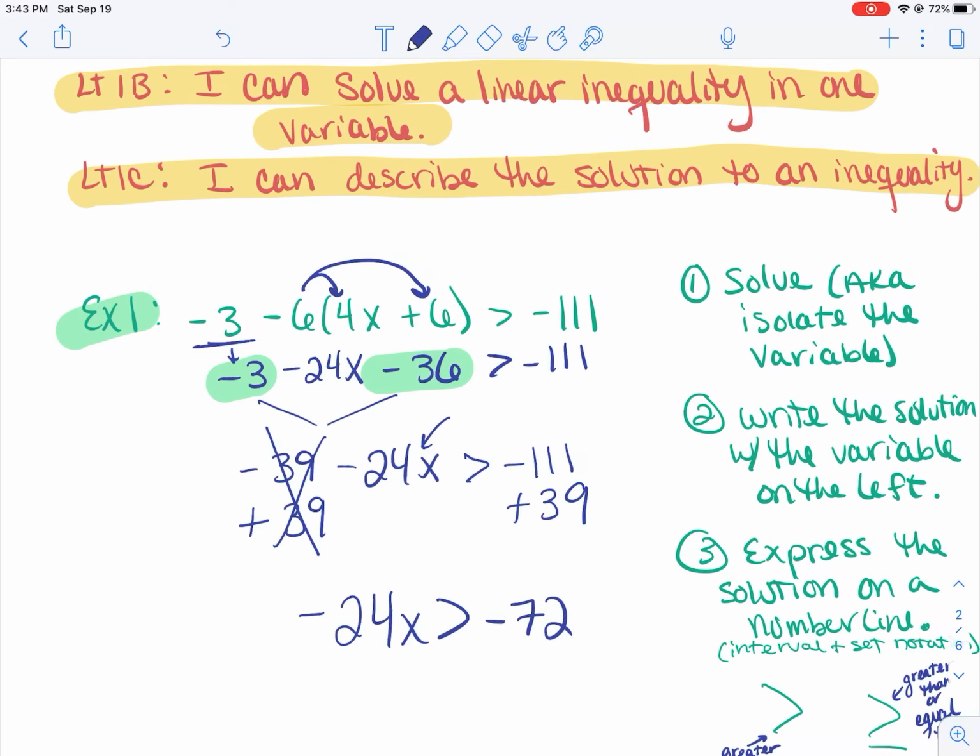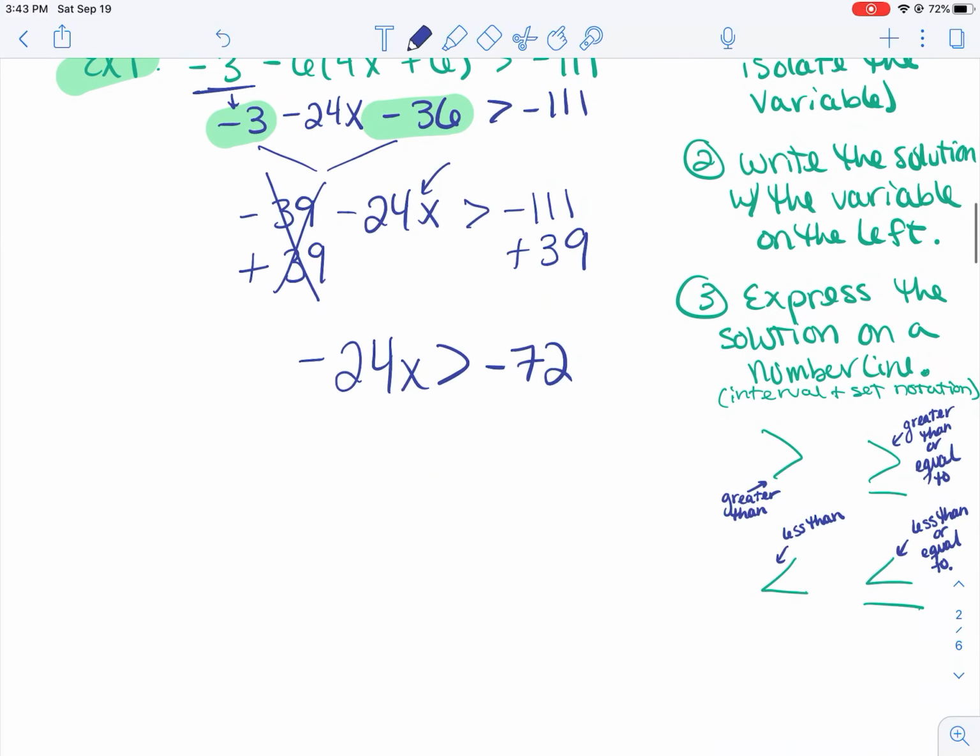Our answer is going to be negative because the larger number was negative. And then divide by -24, and x, and then on the right hand side, -72 divided by -24 is going to give me +3.